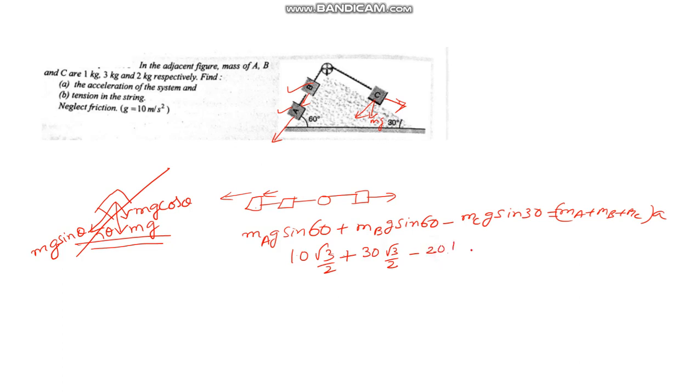Sin 30 is half, and this is 1 plus 2 plus 3, it is 6a. So this is 5 root 3 and this is 15 root 3, so it is 20 root 3. 20 into 1.7, it is 34. 34 minus 10, it is approximately 24. 24 is equal to 6a.